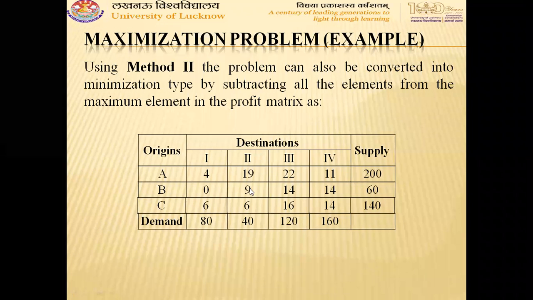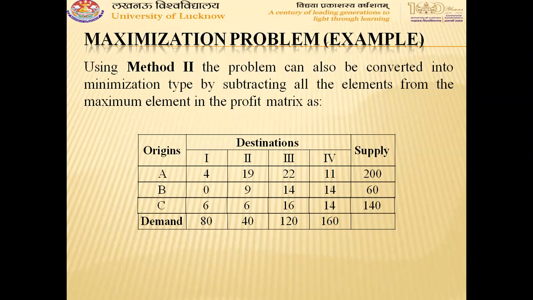But after obtaining the optimum solution, when you calculate the total or maximum profit, you use the first table which is given in the problem. That means suppose you get 80 units here. Then in this situation you will not use 4. Here you will use 42 for calculating the profit, and so on.